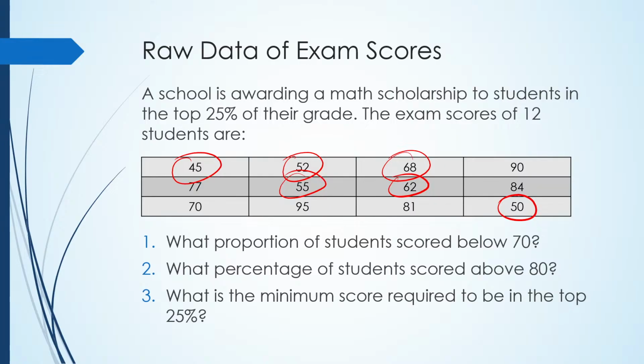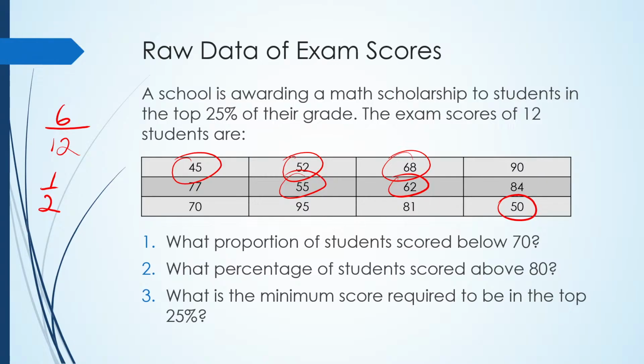Okay, so we have 1, 2, 3, 4, 5, 6. So since we have 6, what we have to do is simply take that 6 divided by the total, which is 12, and we see that that is a half. And right away we can see that the proportion is 1/2 of the students, right? A half of the students score below 70.